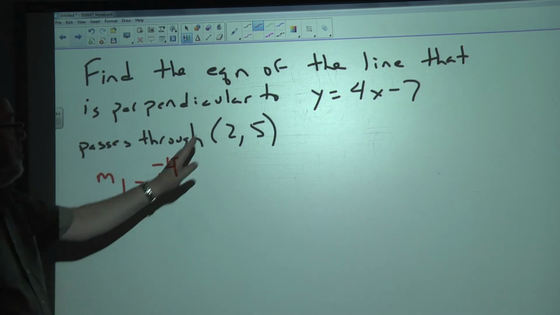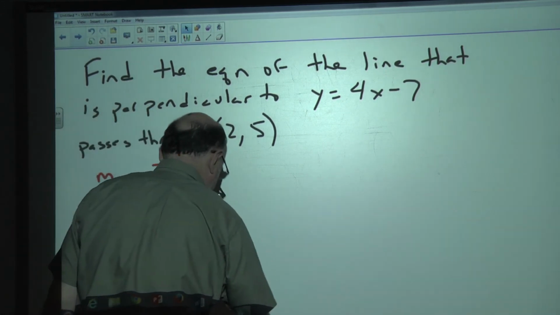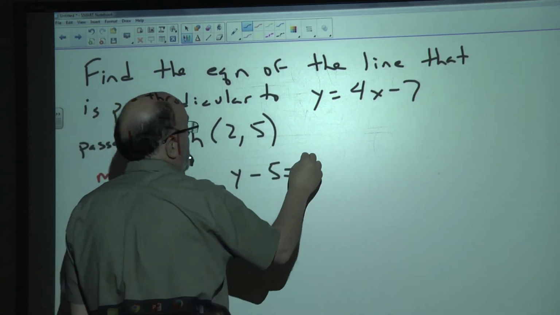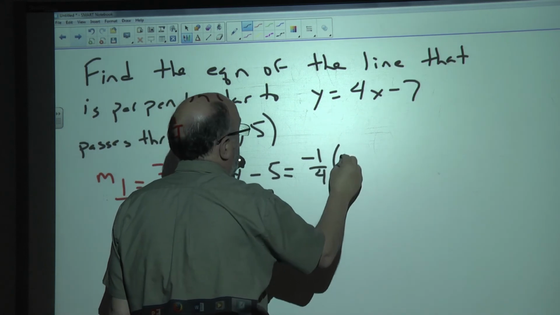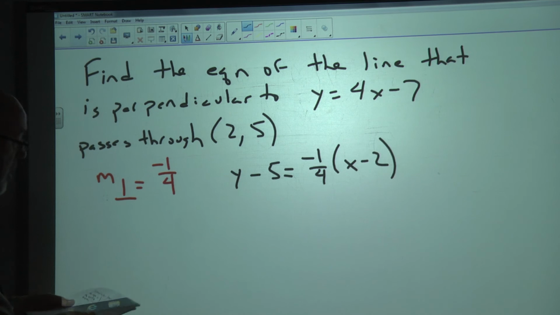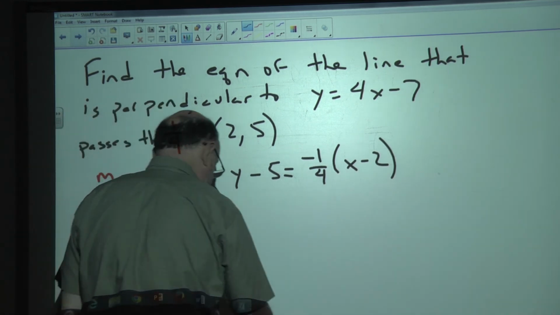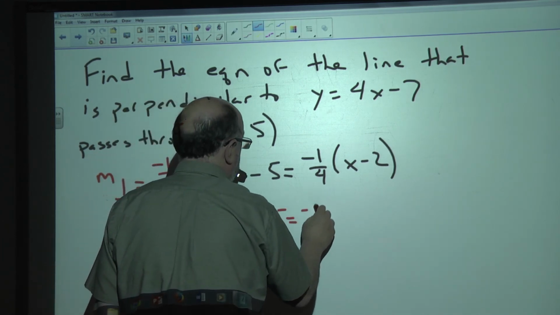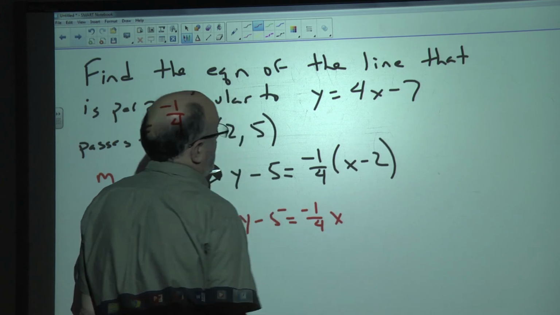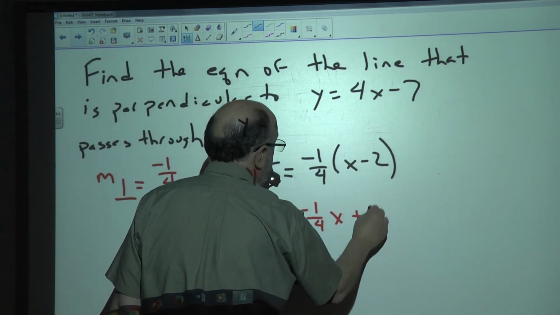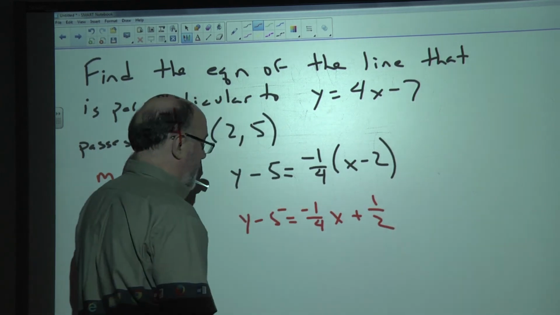So we have our slope, we have our point, and so my equation will be y minus 5 equals negative 1/4 times x minus 2. And then again, I want to rearrange this and get it into the other form. So we have y minus 5 equals negative 1/4 x, and negative 1/4 times negative 2 gives us a positive 1/2.